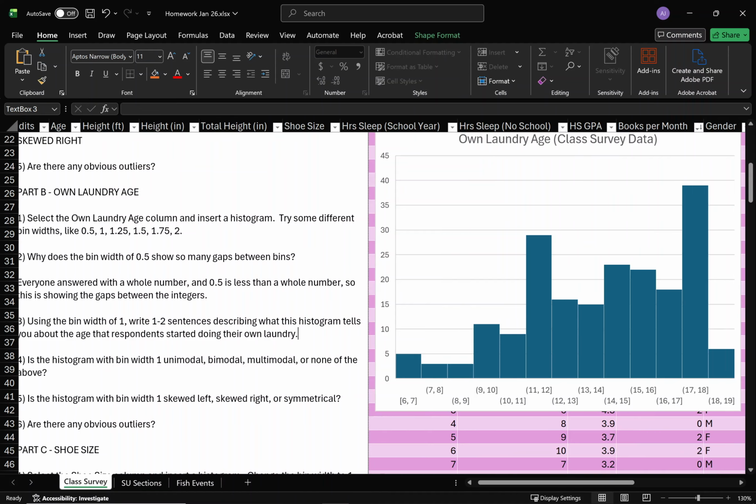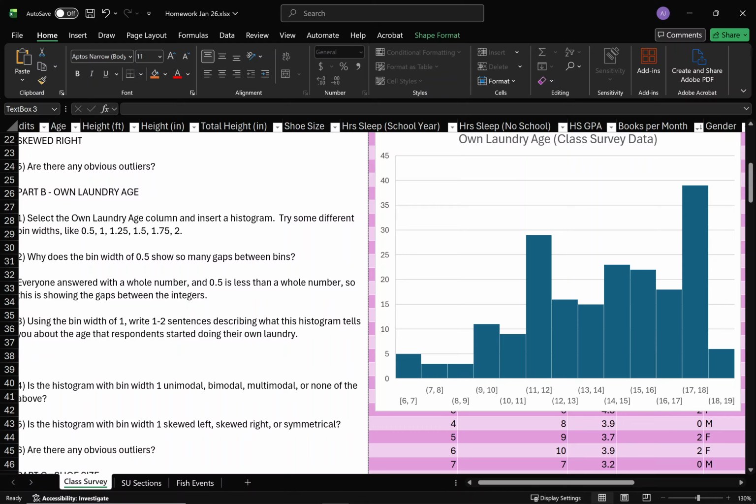Okay, so I'm just going to tell a whole little story here. There are a few respondents that started at ages 6 to, like this little region here, 6 to 9. Well, maybe I'll just go all the way from 6 to 11. Then a large group started at age 12.